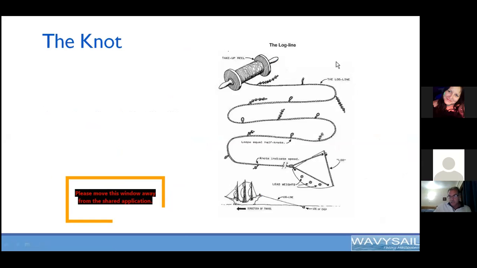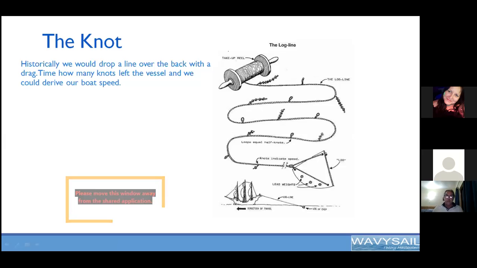So talking about distance and speed, the knot. Okay, what is the knot? And look at a nice little picture here. Historically, we would literally drop a line over the back of a vessel, drag it for a certain amount of time, count the number of knots that drop out, and that will be our boat speed. So we have a little plate here, drop that over the side, half a knot, 1 knot, 2 knots, half.